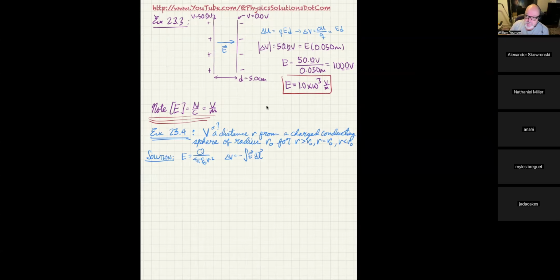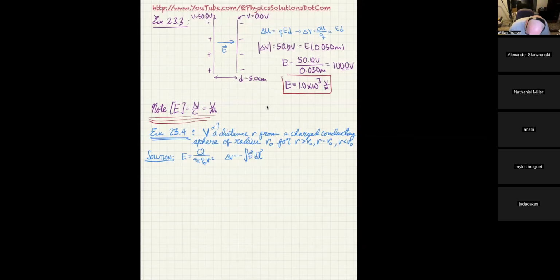It's literally only a factor of Q different. So we should expect that we can arbitrarily define where the zero is. And when you're talking about a distance from a spherical charge distribution, it would seem reasonable to set the electric potential equal to zero at r equal infinity. So we can actually do that.